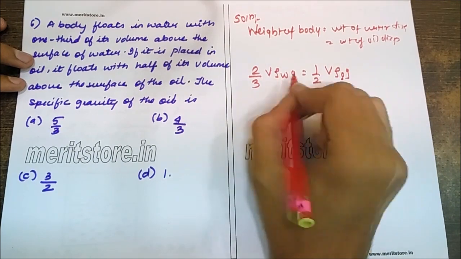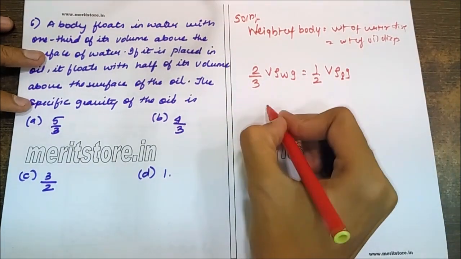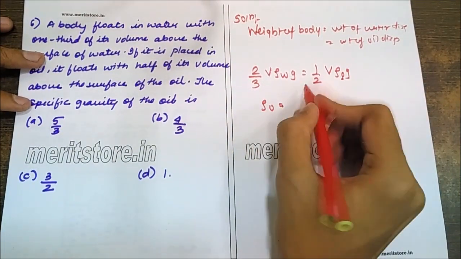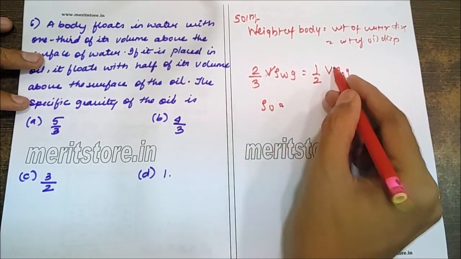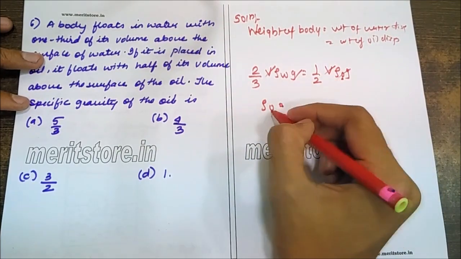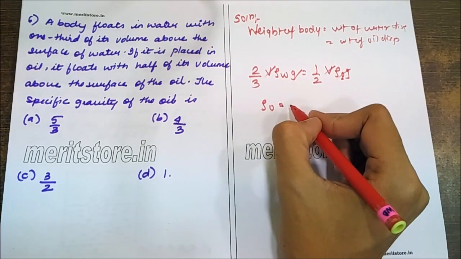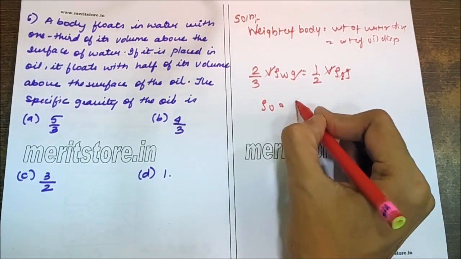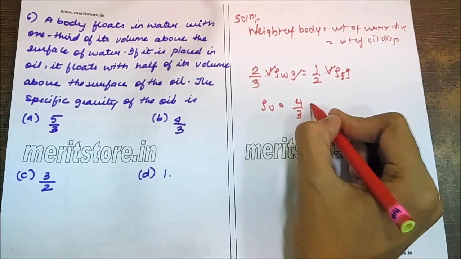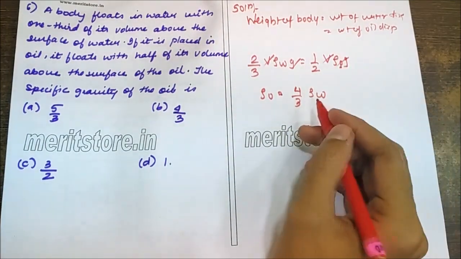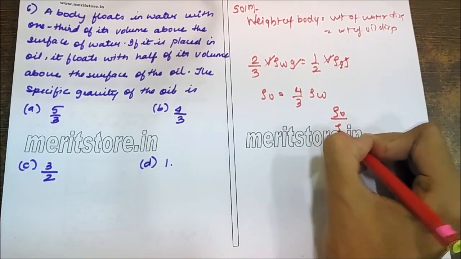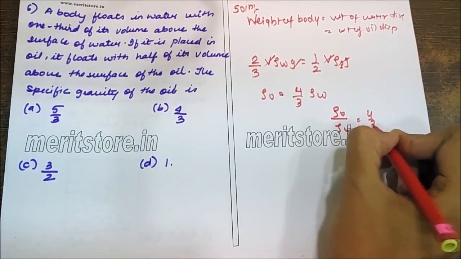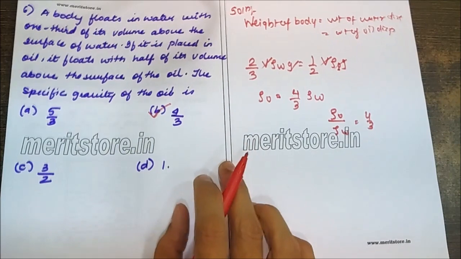For oil we have O, for water we have W. In terms of density, rho O is equal to 4 by 3 rho W. So the specific gravity of the oil is rho O upon rho W, that is equal to 4 upon 3. So B is the correct option.